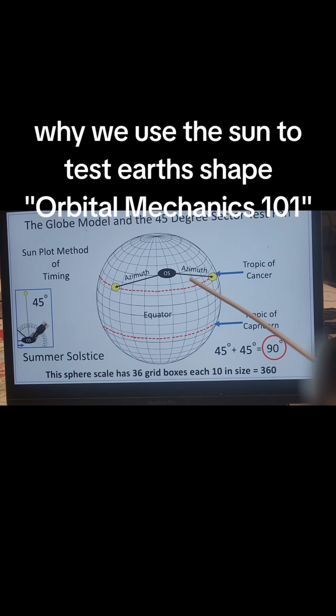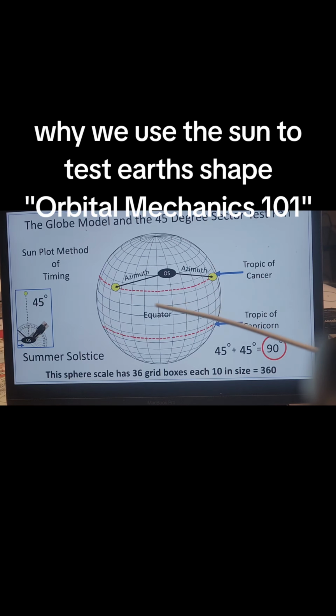So during the 45 degree sector test, we want to be 4.5 grid squares from our position at the OS, the azimuth direction, to the sun's position during, we'll say, the summer solstice up in the northern hemisphere at the Tropic of Cancer. We know that sun's exact position. So for our position at the OS, 4.5 grid squares or 45 degrees, this is our position to the sun at 45 degrees. So it's very simple.